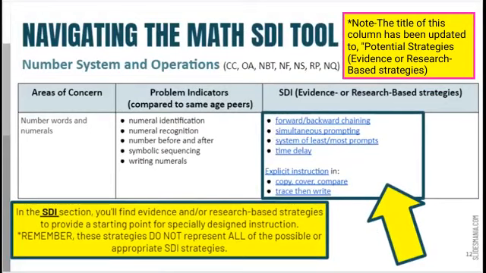Most of the SDI strategies are hyperlinked to the supporting document, where you will find in-depth information about the strategies and or additional links to external resources. Remember, these strategies do not represent all of the possible or appropriate SDI strategies. However, all of the SDI strategies listed in this document are evidenced and or research-based.